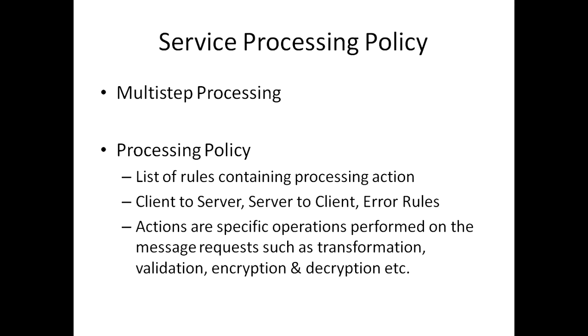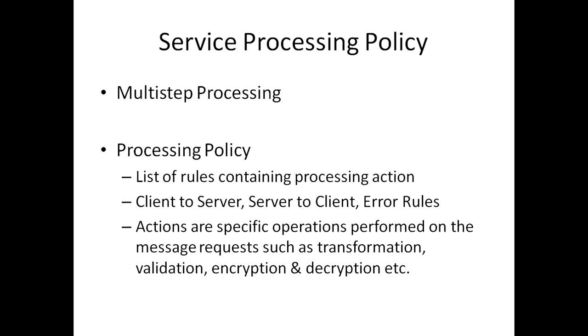Server to client is the response coming from the backend application. DataPower processes the request, applies some transformation, and sends it to the corresponding backend to get the response back. We can modify or validate the response, or do some transformation before sending it to the actual client. That is called server to client, the response rule.